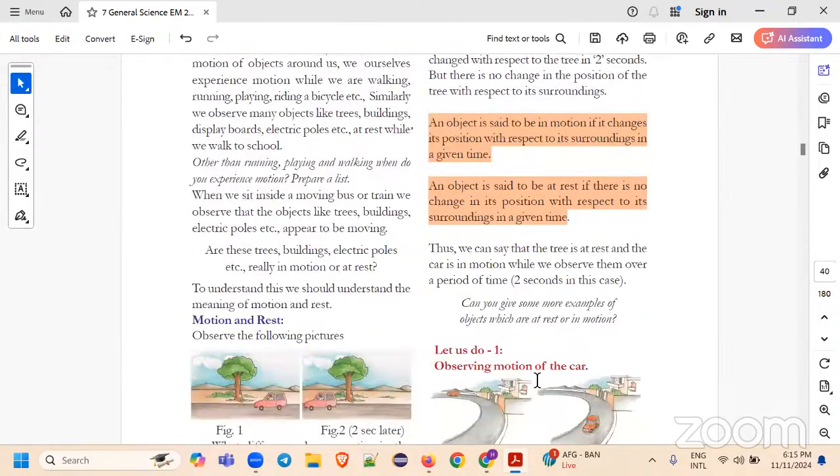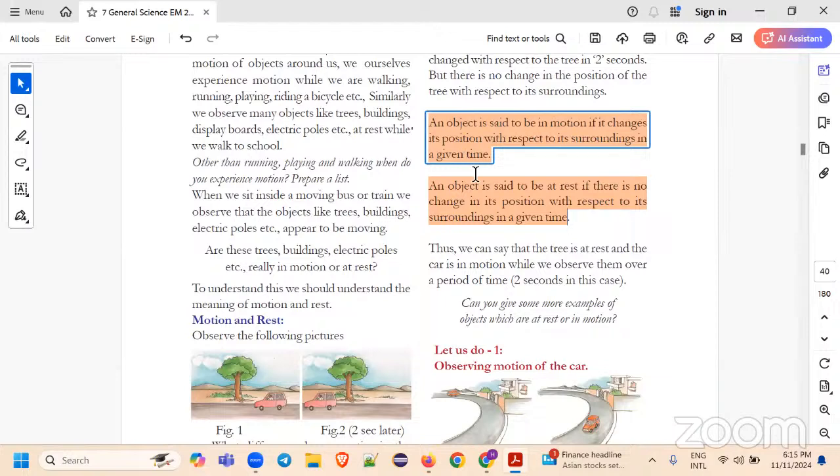Here we are using two terms, one is motion and another is time. So we are comparing the position of the object with respect to time.